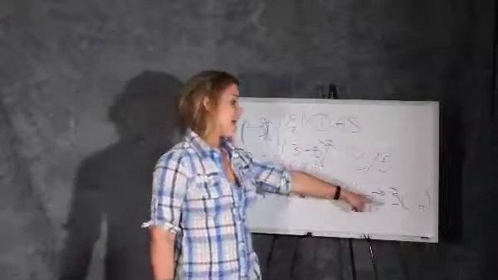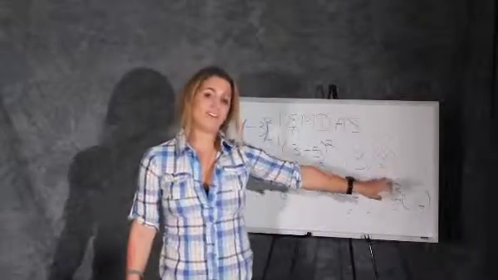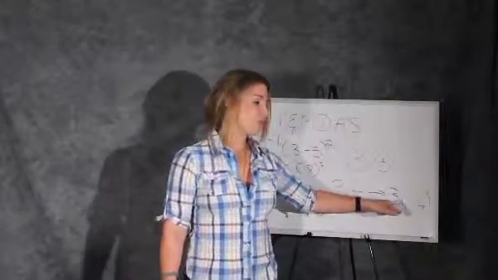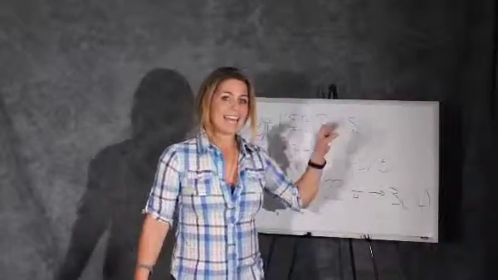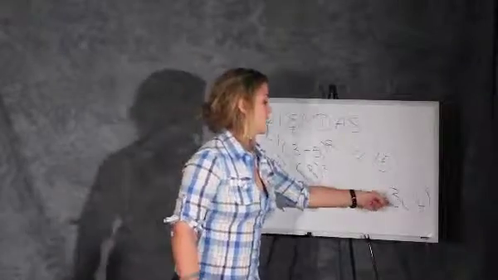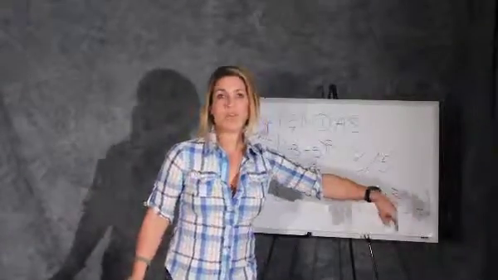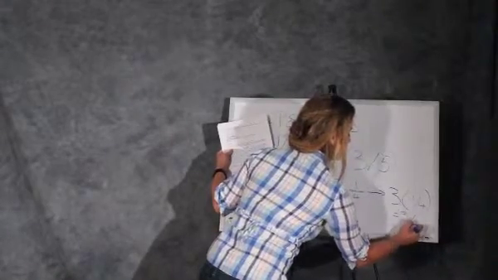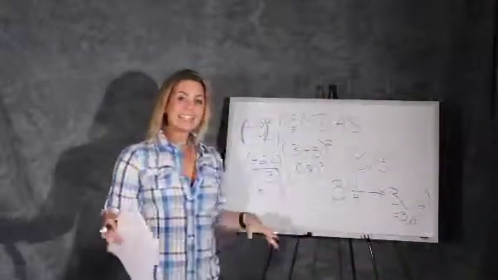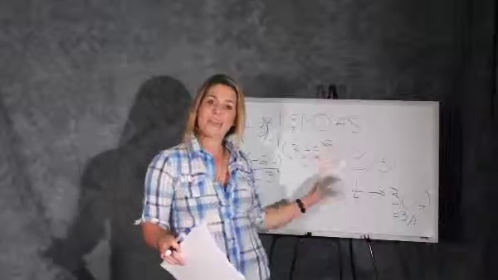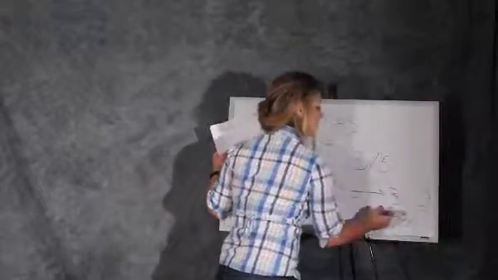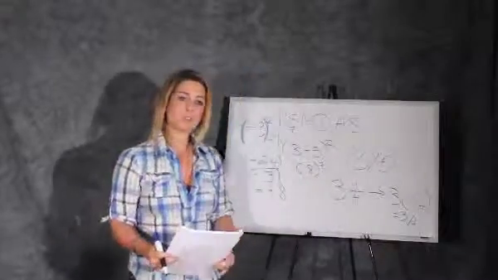The way that will work out on your calculator, if you type 3 parentheses 1/4 parentheses, that's saying that it's 3 times 1/4, which will result in 3/4. That's not what we're looking for. We're looking at 3 1/4. So this is not the way we type in mixed numbers.